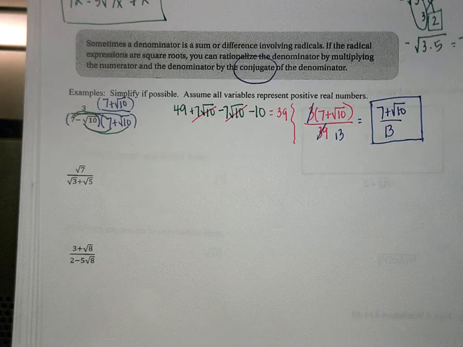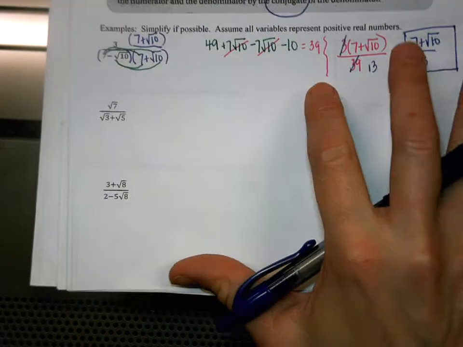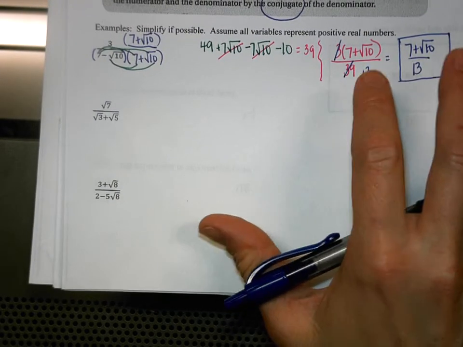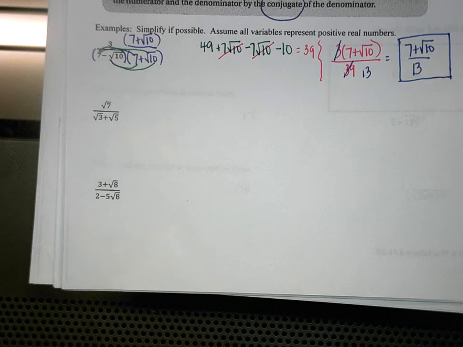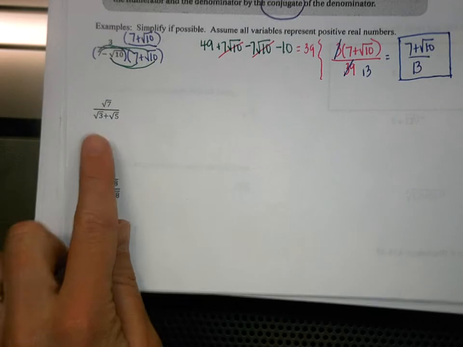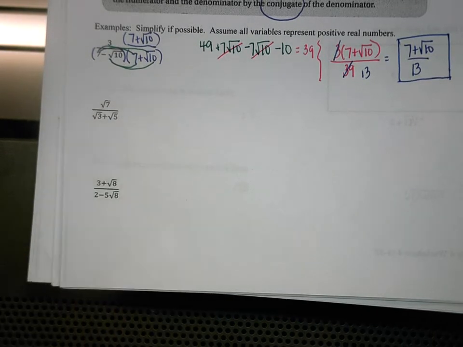Any questions there? Okay. So going to the next example, there's nothing I can add or combine or do anything. But the problem is that we have roots in the denominator. And so your answer can never end up having a root in the denominator.